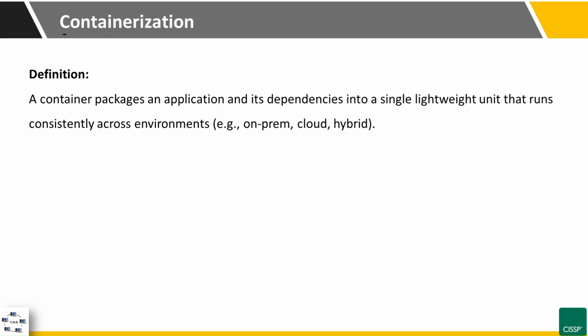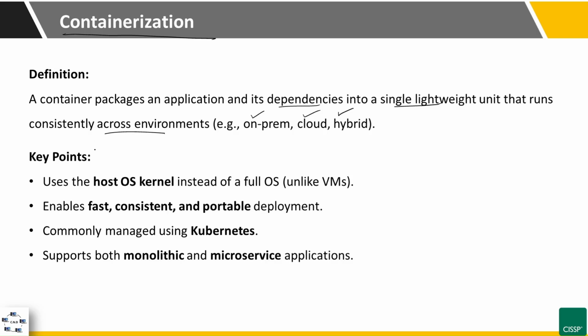Our next topic is containerization. A container packages an application and its dependencies into a single lightweight unit that runs consistently across environments. For example, the container package can be run on-prem, inside the cloud, or both cloud as well as on-prem. The key point in containerization is that it uses the host operating system kernel instead of a full operating system, unlike a VM.